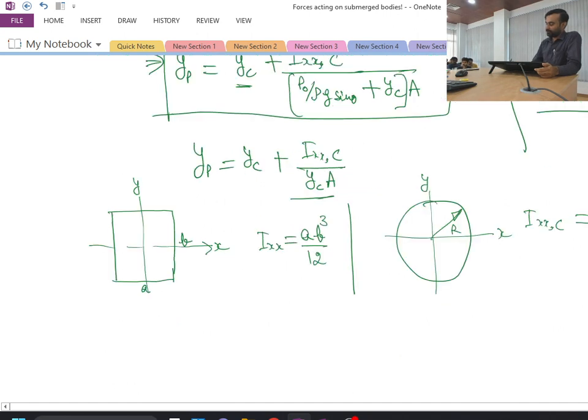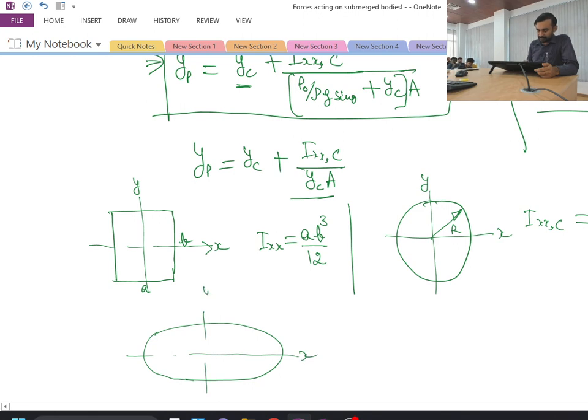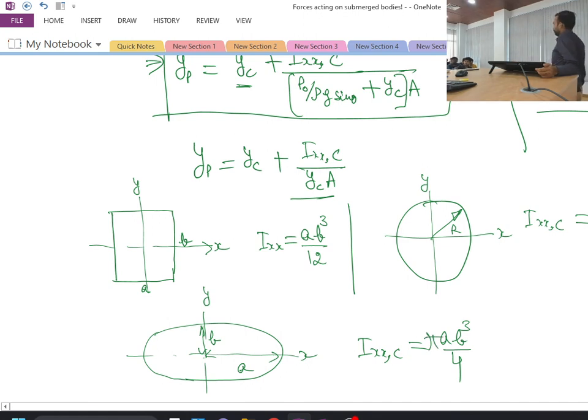If you have an ellipse, with x axis, y axis, and semi-axes A and B, then Ixx about its centroid is pi A into B cube by 4. So for standard shapes, you will find these values.